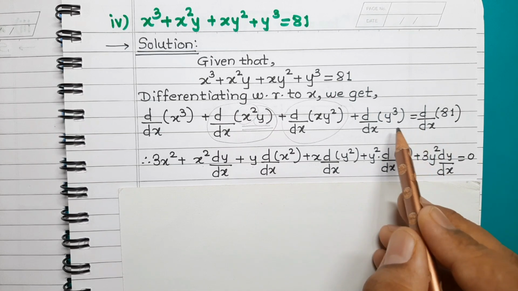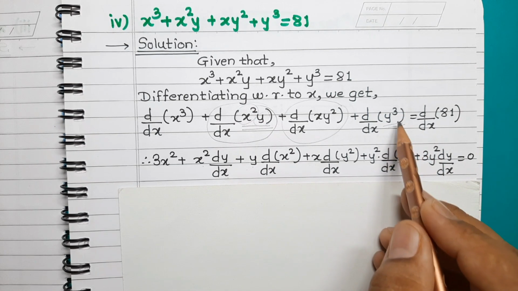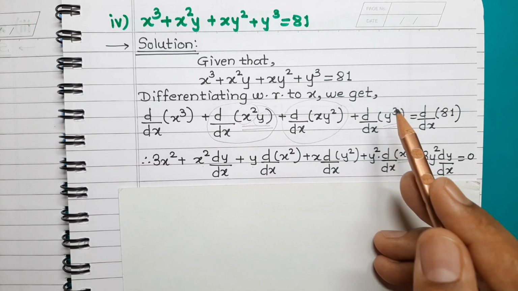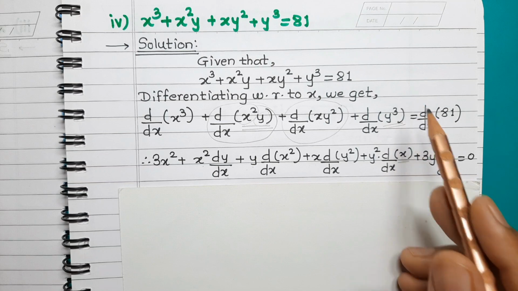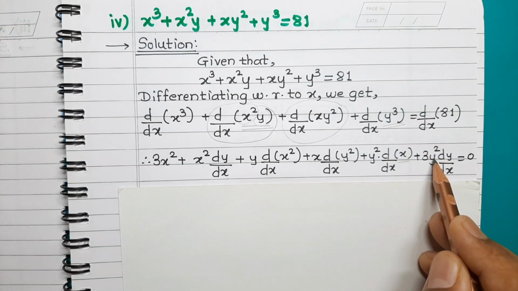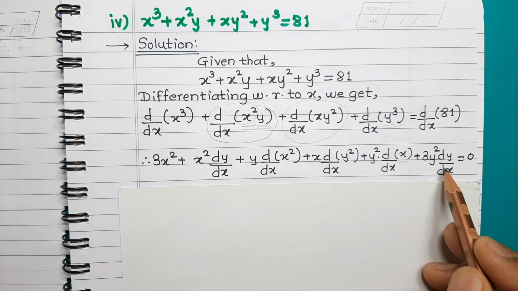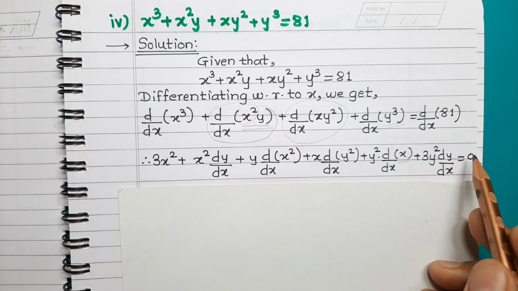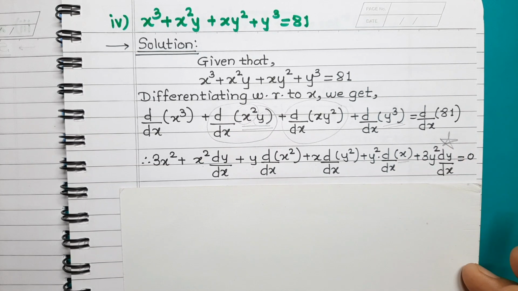And see, note here it is a term in y, it is a function in y, so treat it as something cube. So its derivative is 3 into something square into the derivative of something, which is the function y. You note this derivative very properly.